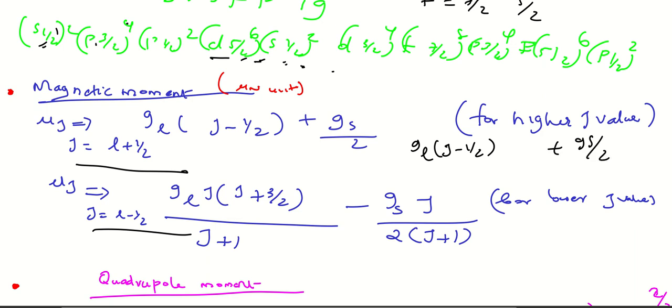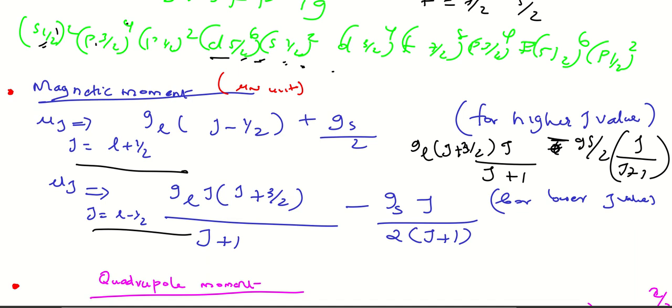For J is equal to L minus half, we have to multiply both sides by J into J plus 1, and also we have to change minus with plus, plus with minus, and 1 by 2 with 3 by 2. So, GL into J plus 3 by 2 into J by J plus 1 minus GS divided by 2 J into J plus 1. So, you have to remember one equation only.